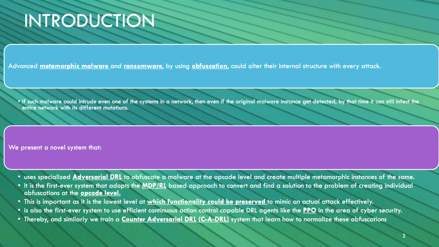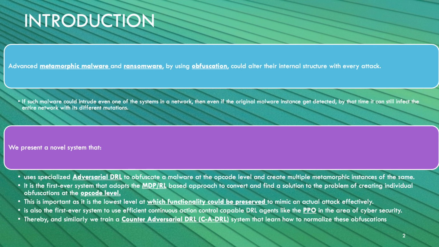So we present a novel system in which we create an AI system based upon adversarial DRL, deep reinforcement learning, which mimics this process of creating variants of malware. What's special is that these malware are created almost similarly as they would be created by a developer, by using obfuscations at the individual opcode level.